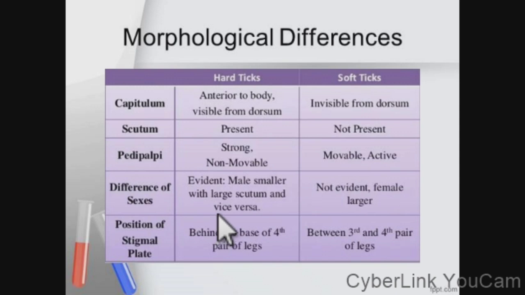As for the sexes, in hard ticks the male is smaller with a large scutum and vice versa, and the soft ticks don't have that, but females are larger. The position of the stigma plate is behind the base of the fourth legs in hard ticks, while in soft ticks it is between the third and fourth legs.